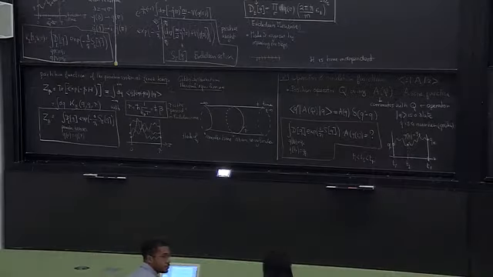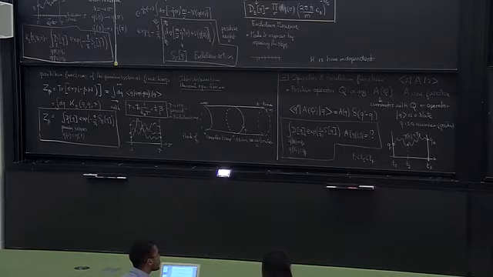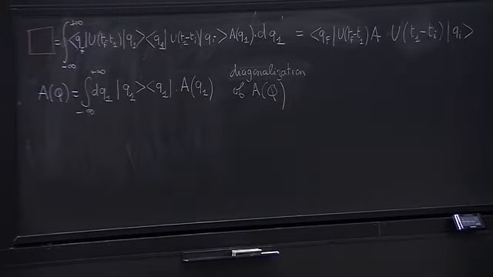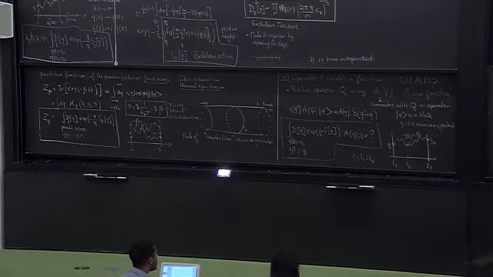So this is a matrix element of an evolution operator times an operator times an evolution operator.